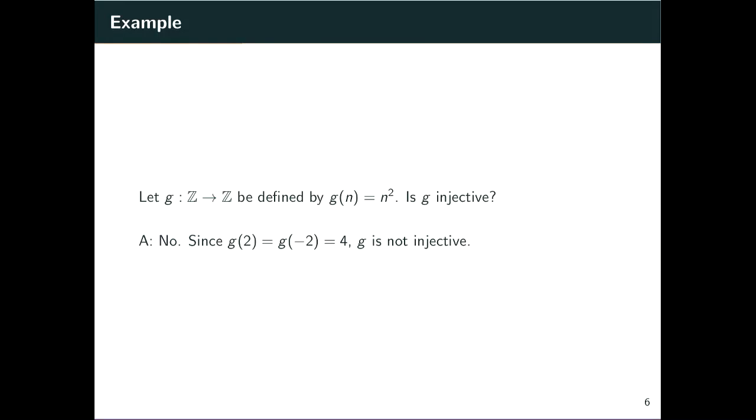So you just take some number in Z that's not 0 and take its negative. So you could use 2 and minus 2. If you square those, you get 4. So therefore, g is not injective, but you could give 1 and minus 1 as examples, or minus 4 and 4 as examples. You can just choose anything.